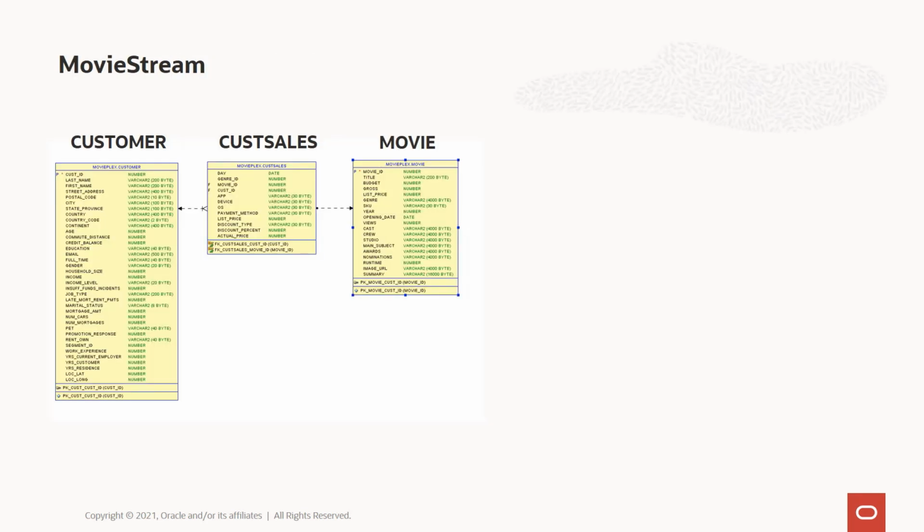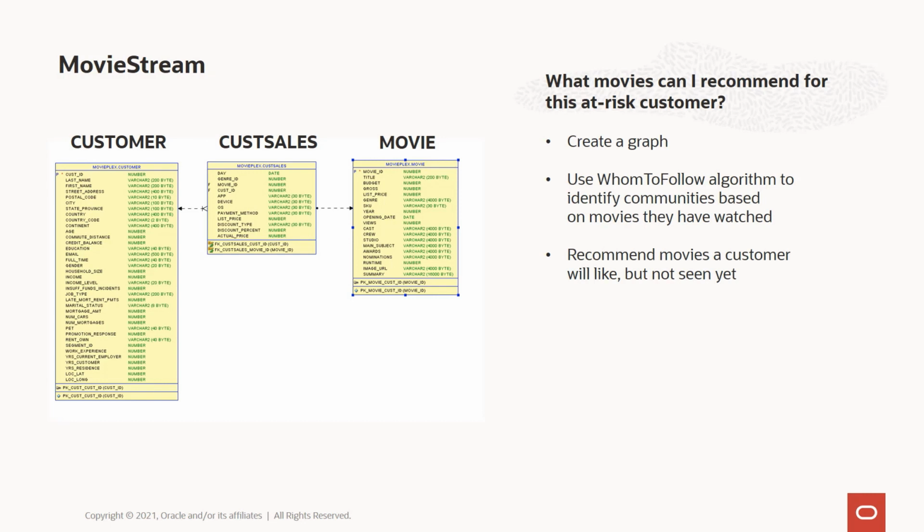So now coming to this lab, there are several different tables that you've been using as part of this workshop. In this lab, you'll be using three tables: the customer table, the customer sales table, and the movie table. And the customer sales table, of course, tells you which customers have rented which movies, and that becomes the edge table. So you have customers a vertex table, movies a vertex table, and customer sales is the edge table. And we'll actually be using a subset or a sampling of data from these tables to create a graph.